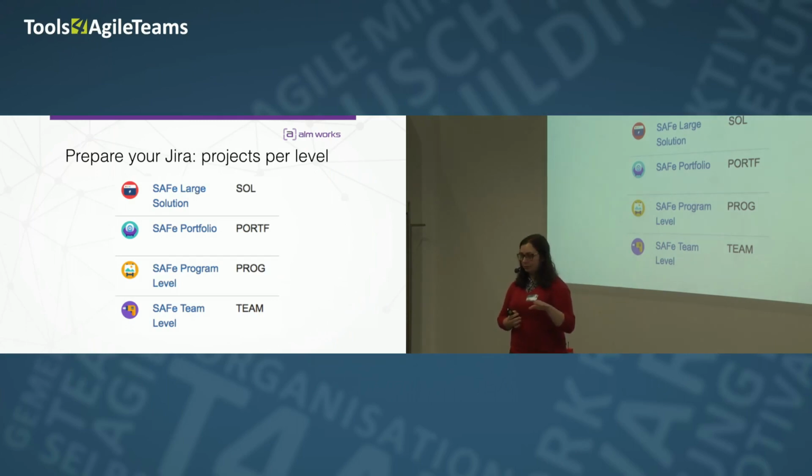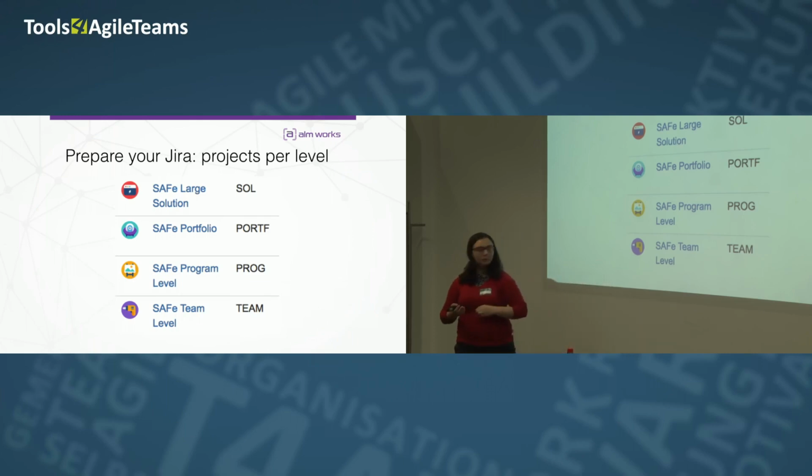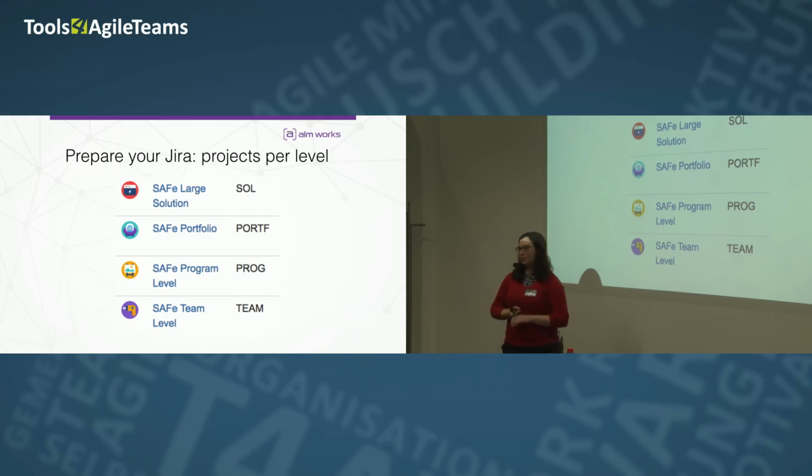As you already know from the Scaled Agile picture, all those projects should be Kanban, and for team level you should use Scrum if you can. If you have hardware teams or teams working in support, you should prefer Kanban also.